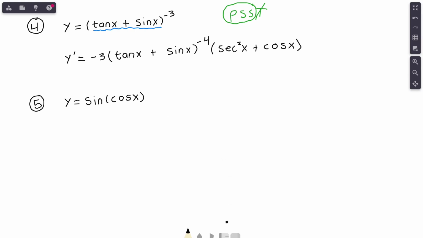So our outside function, let's write this down. Our outside function is going to be sine x.